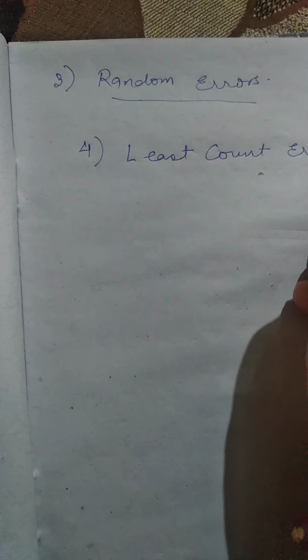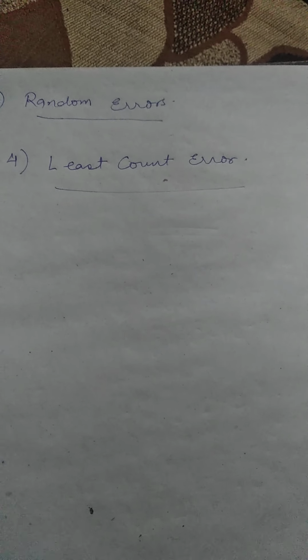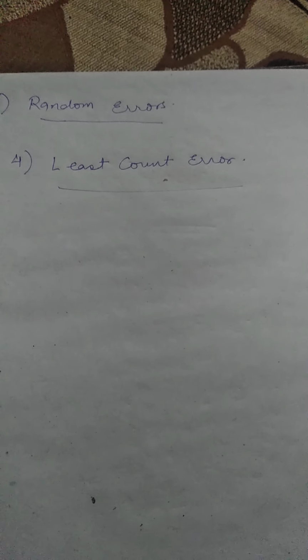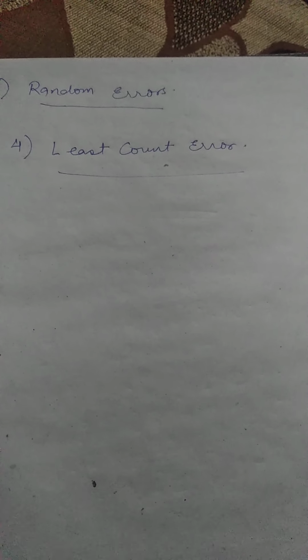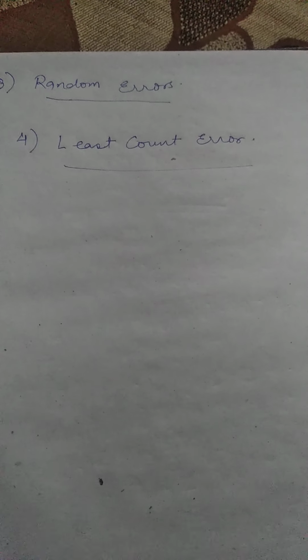Least count error means this error may be due to the error in the instrument. For example, the least count of a meter scale is 1 mm, so its readings are good only up to this value. The error in the reading will be half of this value.